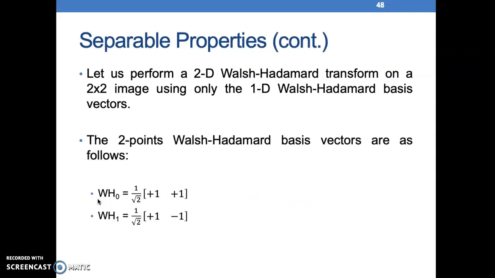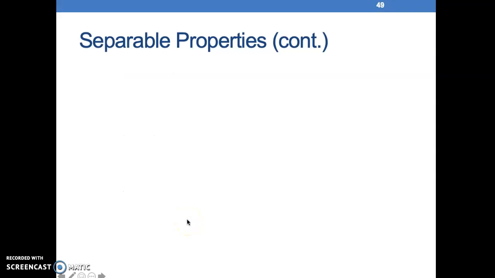For example, you have a 2D WHT on a 2 times 2 image using only the 1D basis vector. There are 2-point WH basis vectors as follows. This is WH0, which is the basis, and this is WH1.